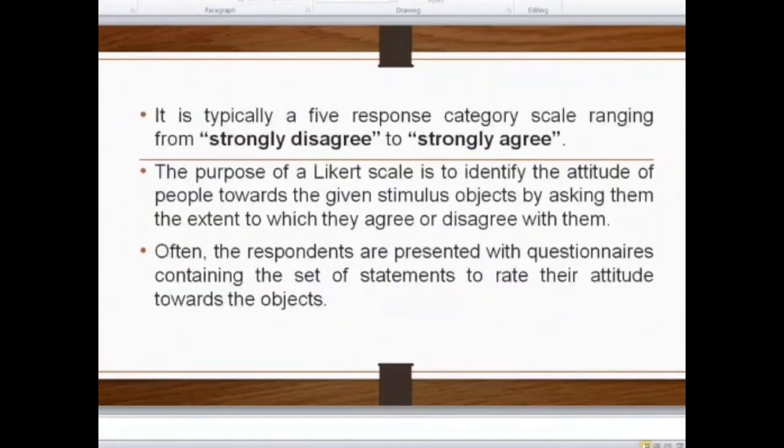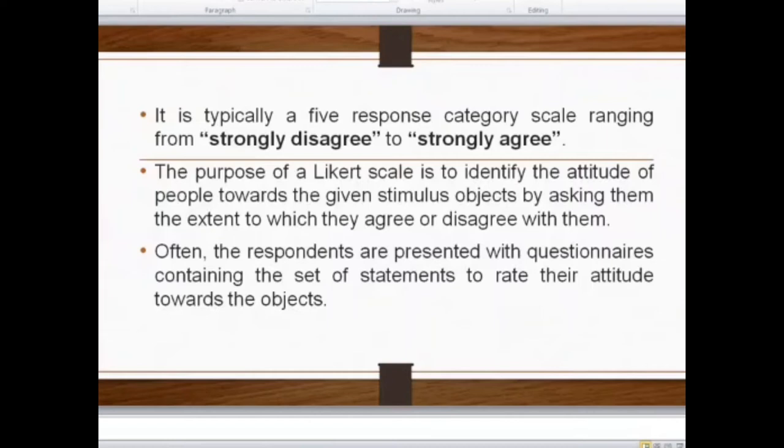It is given in a 5-point scale, typically ranging from strongly disagree to strongly agree. The purpose of a Likert scale is to identify the attitude of people towards the stimulus object by asking them to what extent they agree or disagree with them.